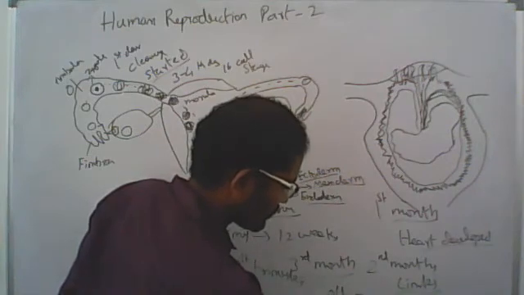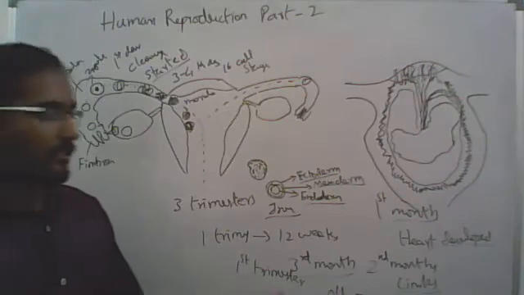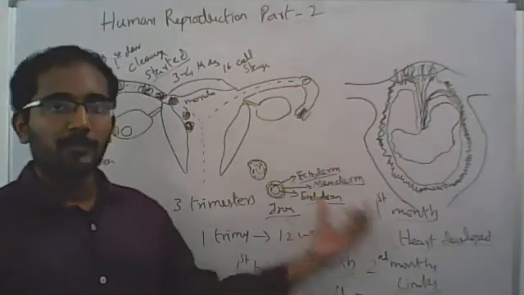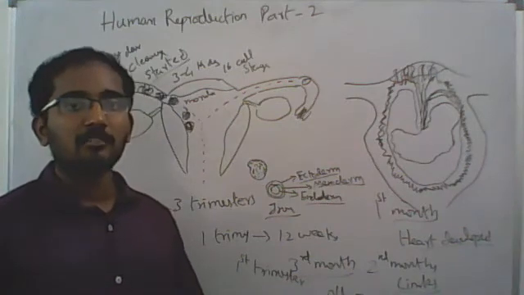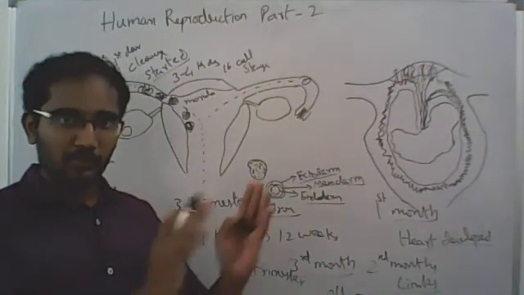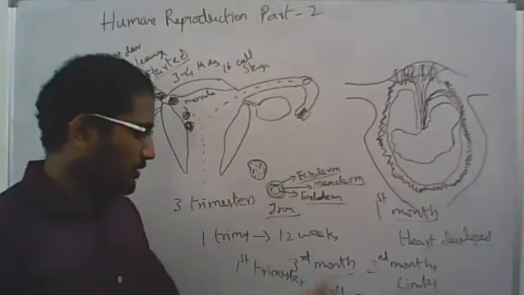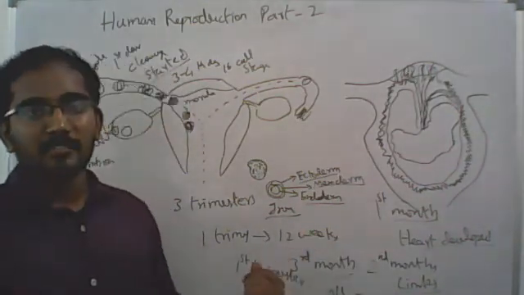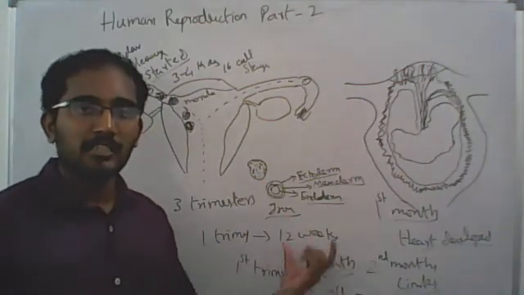So, what about the second and third trimester, sir? Their only job is the complete maturation, completion of the organs. So all organs are developed, but they are not fully functional. Now they have to mature and they have to function in a coordinated way after that. So during the second and third trimester, the fetus is going to develop.